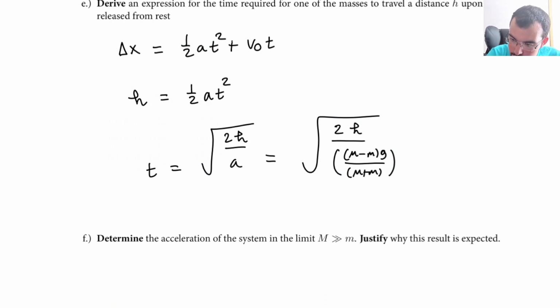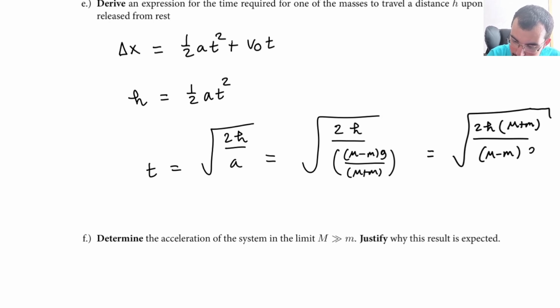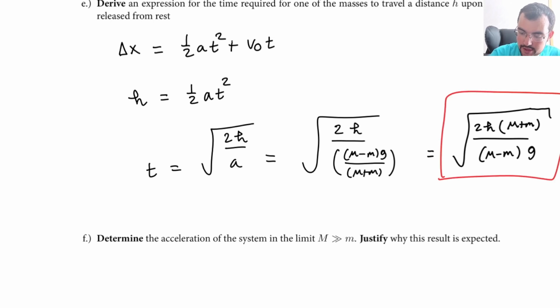So this would be equal to the square root of 2h times M plus m divided by M minus m times g. Okay, kind of a gross expression.